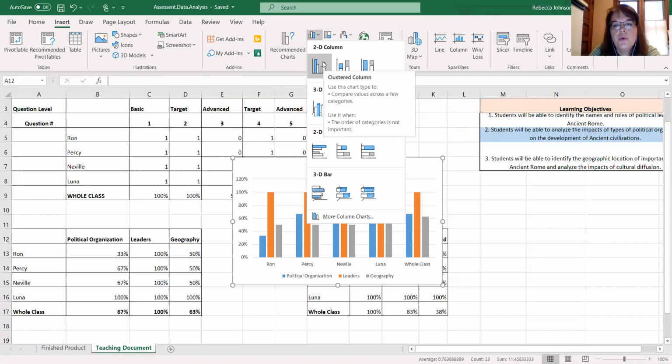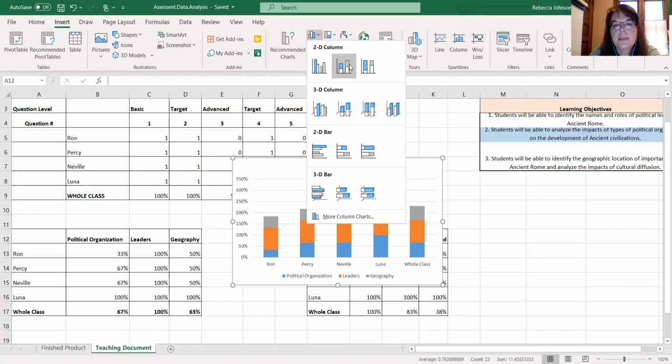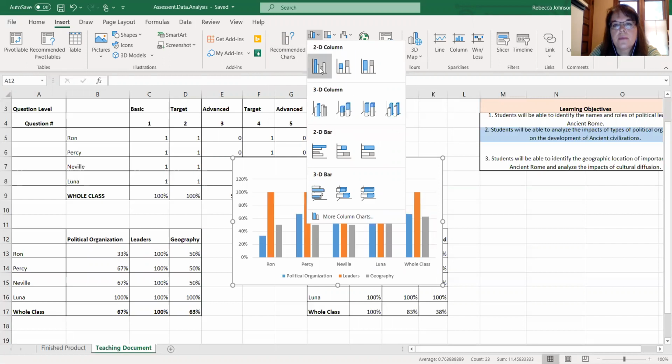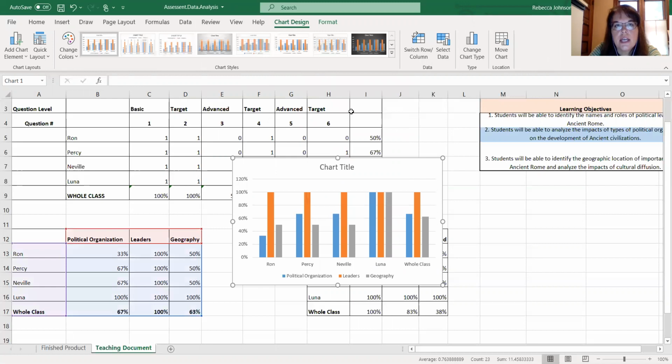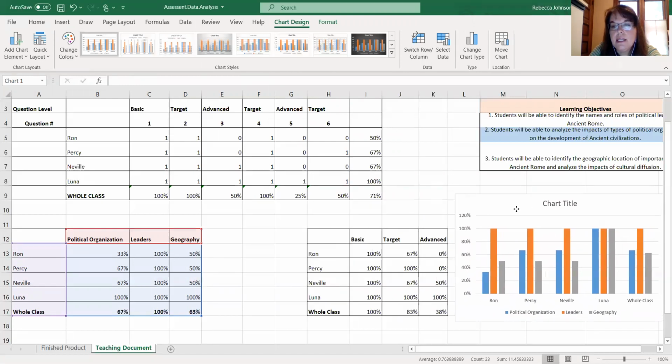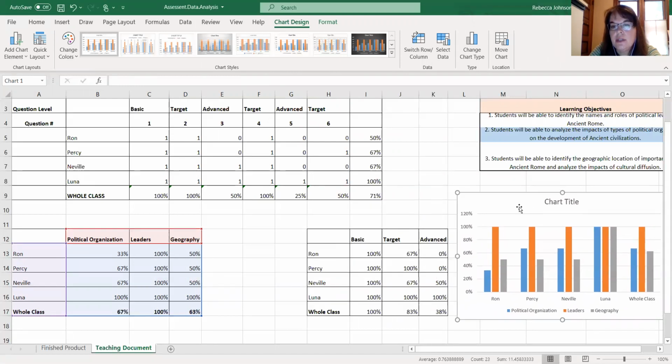You can see all I did was highlight it, hit insert chart, and I immediately have a chart here in relation to this.